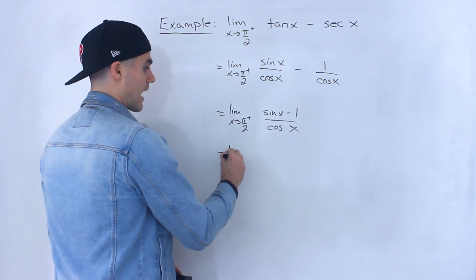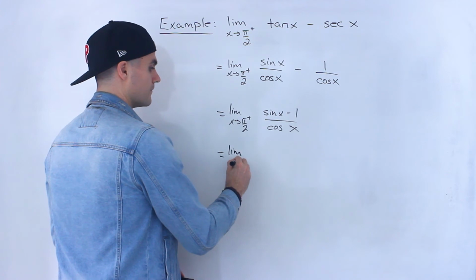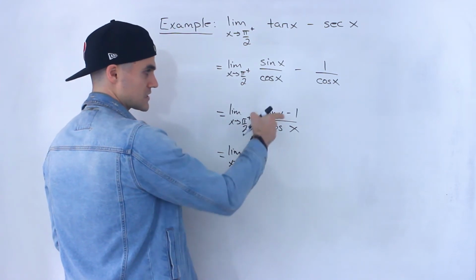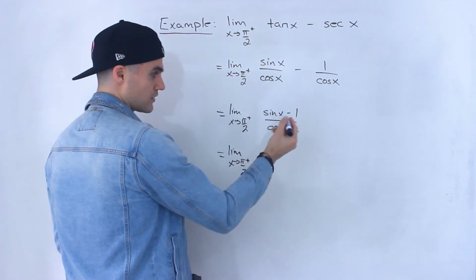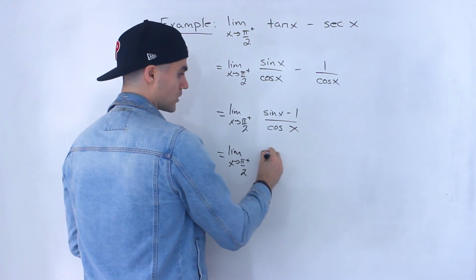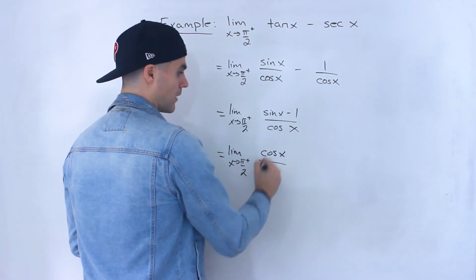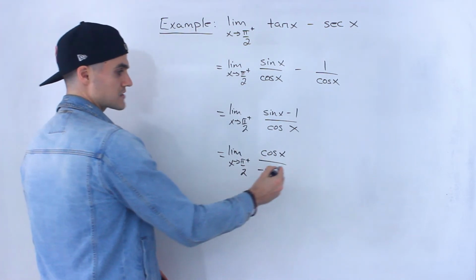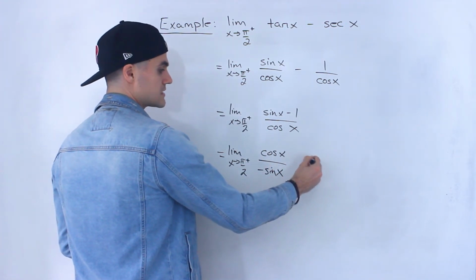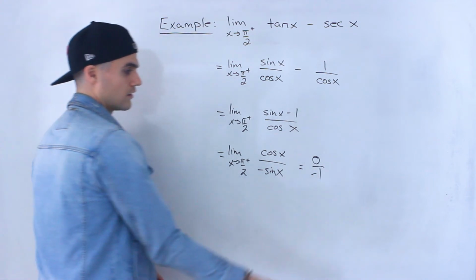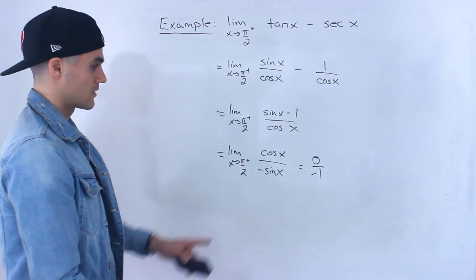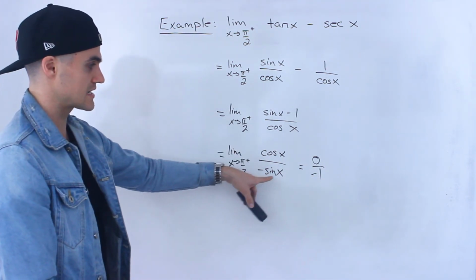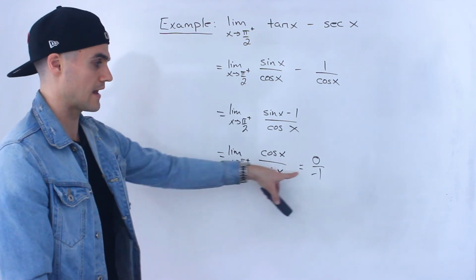So if we do that, what we would do is take the derivative of the top, so that would be cos x, the derivative of the bottom, negative sin x, and now we could do a direct substitution. We'd end up getting 0 over negative 1. Right? Cos of pi over 2 is 0, sine of pi over 2 is 1, and then we've got the negative in front.